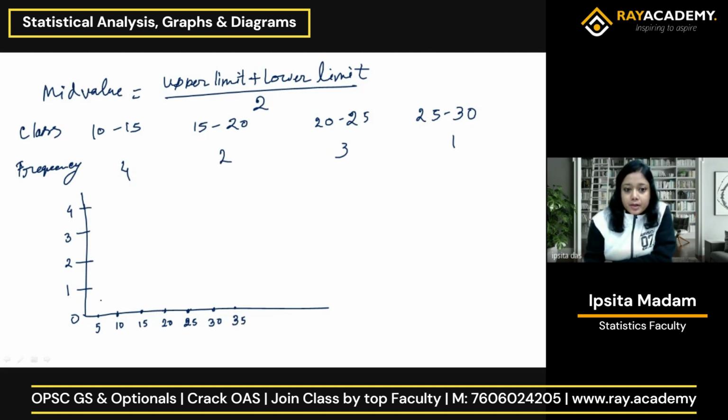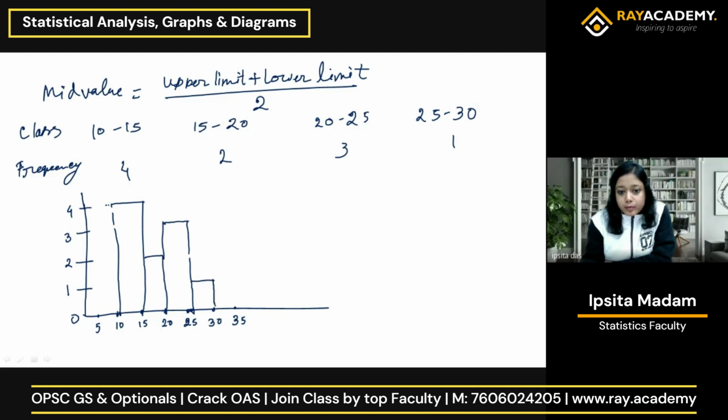Okay. So 10 to 15, 4. 15 to 20, 2. 20 to 25, 3. And 25 to 30, 1. Okay. This is our histogram.